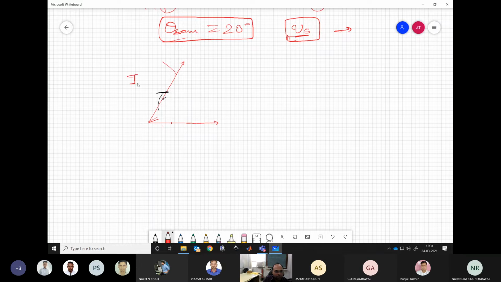So for sector 1, we have 1 as minus minus minus, 2 as plus minus minus, sorry, this is plus minus minus, plus plus minus, 0 is minus minus minus, and 7 is plus plus plus. These are the switching states.